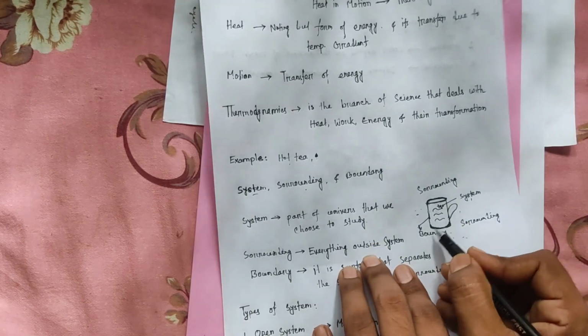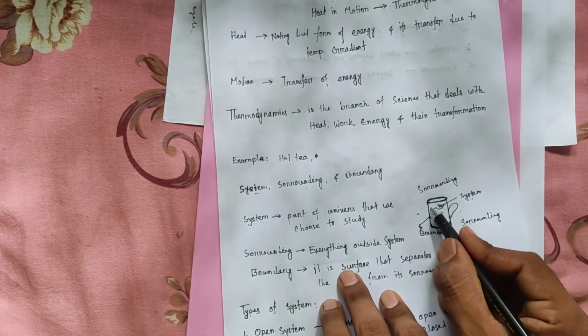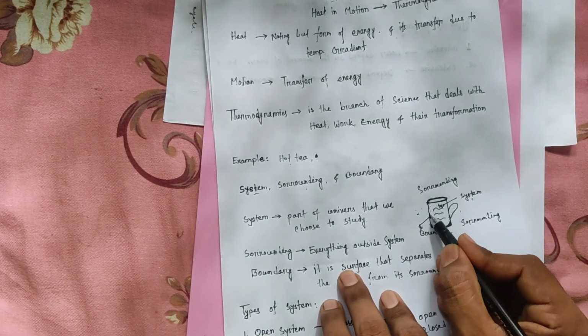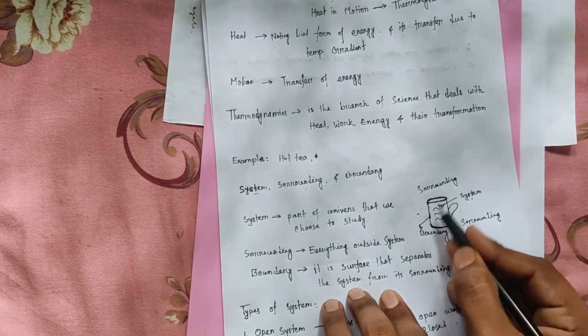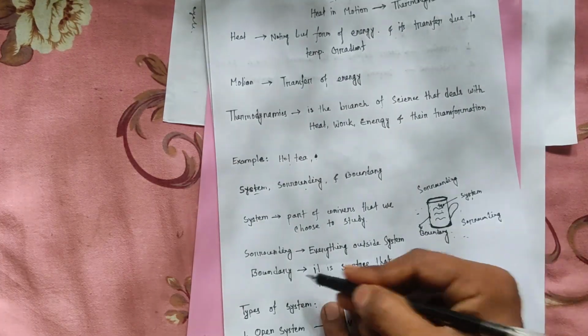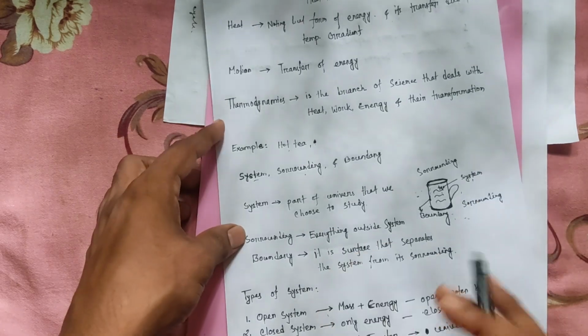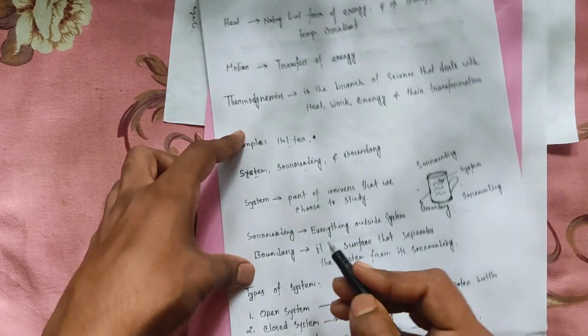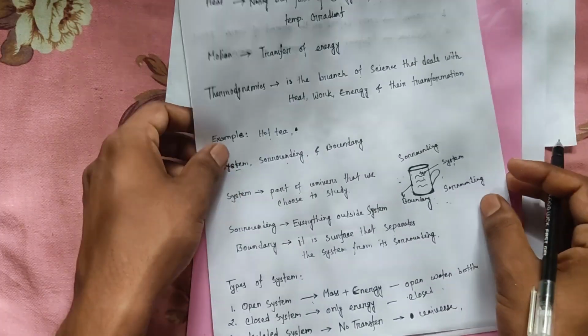And what is boundary? The boundary is the surface or layer. Boundary is that layer that separates system and surrounding. This is system and surrounding. This is boundary. And these three terms are related to each other.